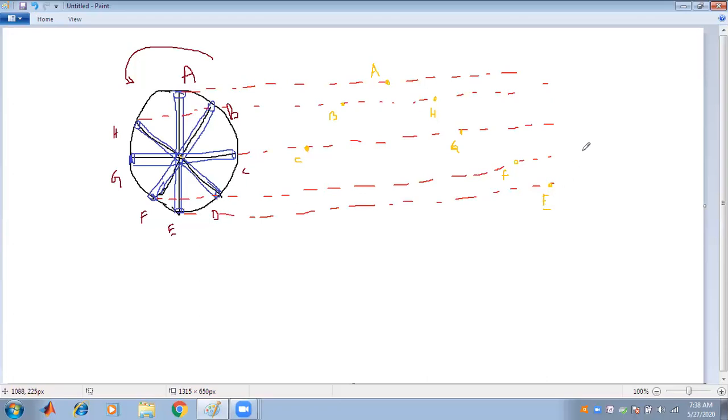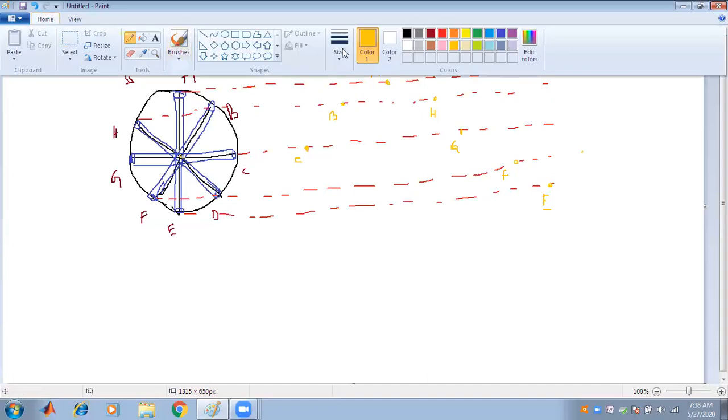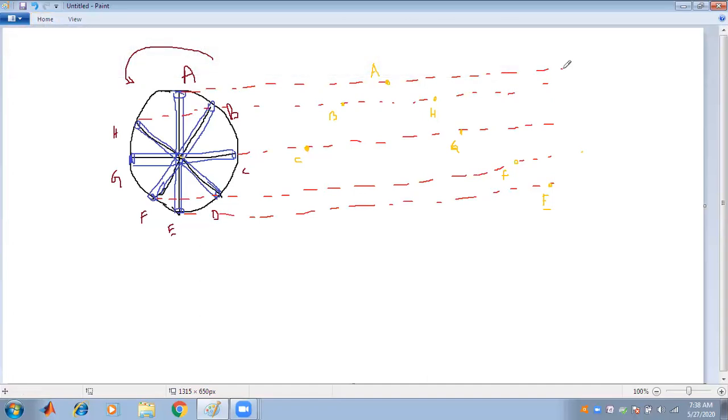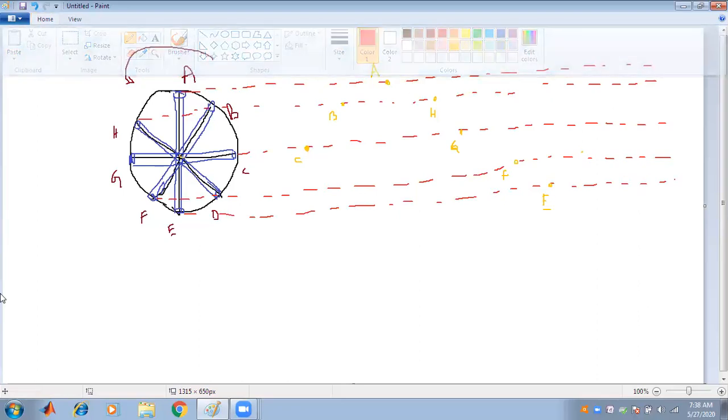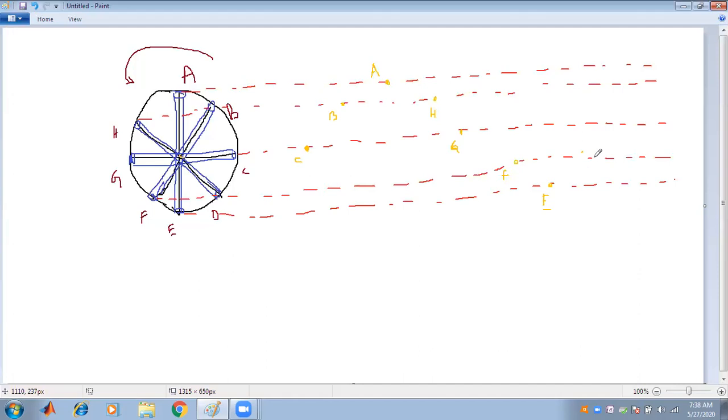This is the reflection of the D point, or say the mirror image, and this is the reflection of the C point. Again the C point.